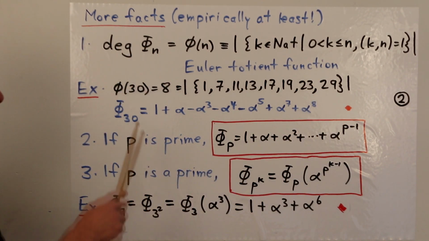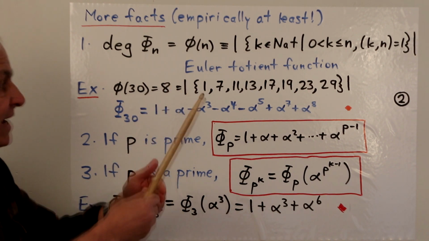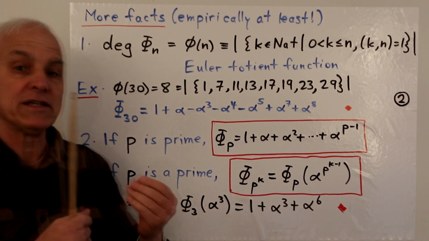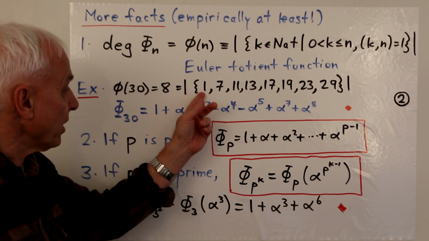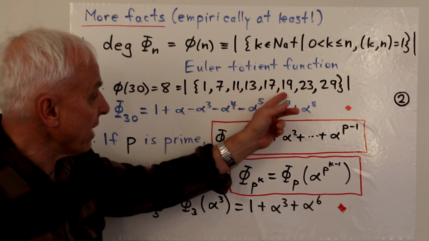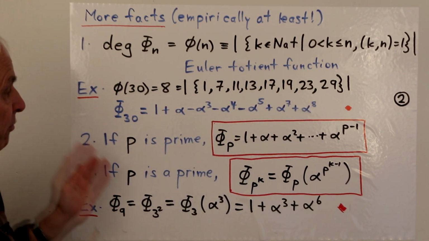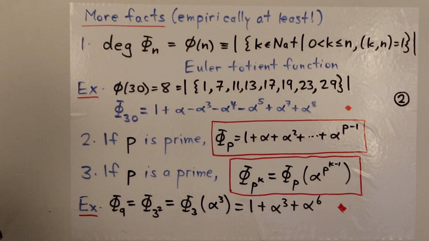So for example, phi of 30 is 8 because the natural numbers which are less than or equal to 30 and relatively prime to it are the set 1, 7, 11, 13, 17, 19, 23, 29. These are the numbers less than or equal to 30 which are relatively prime to it. And there's 8 of those, so that's what phi of 30 is.